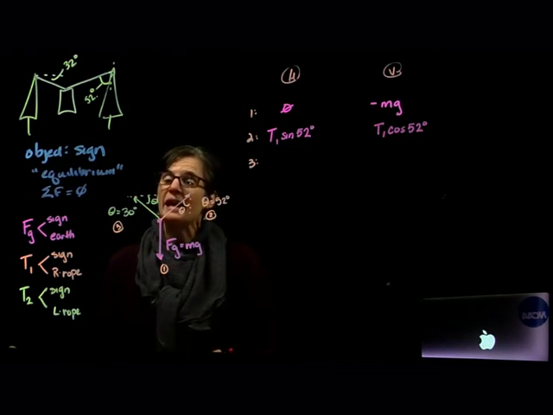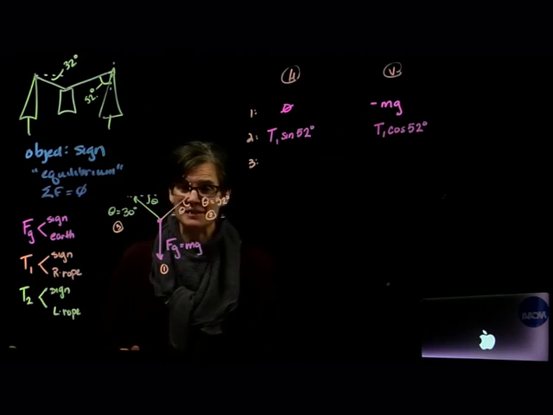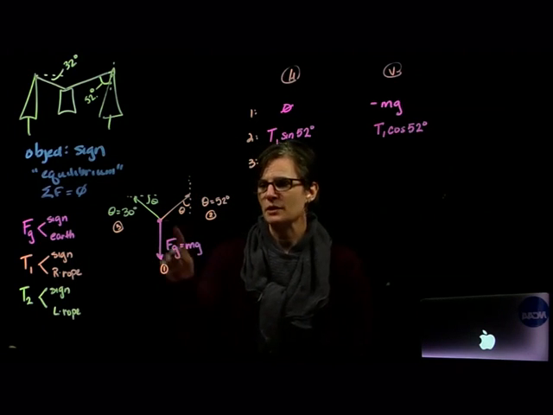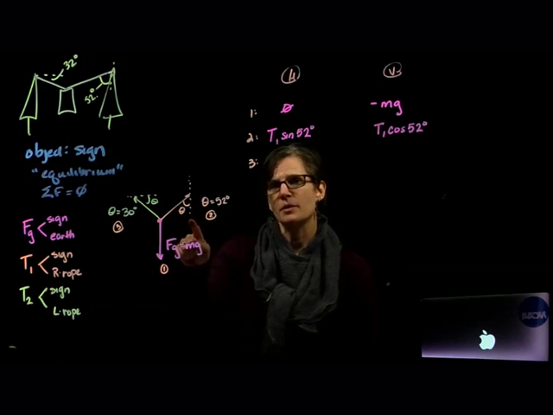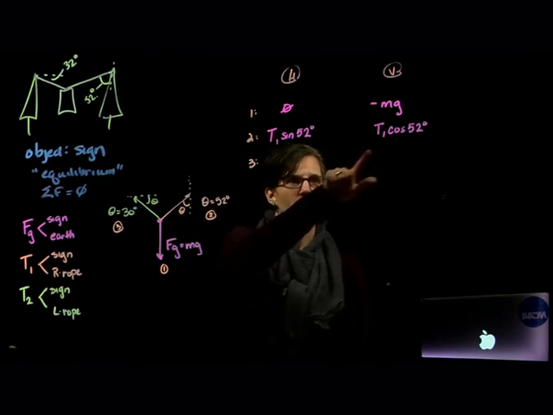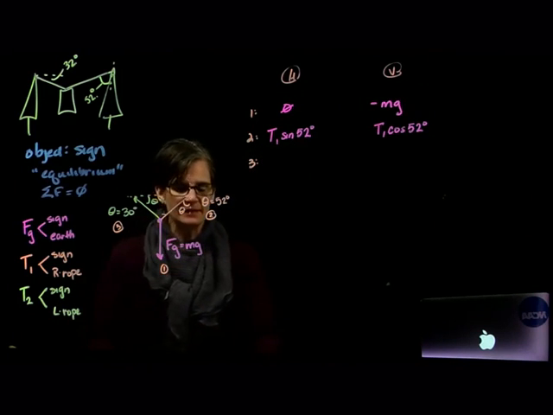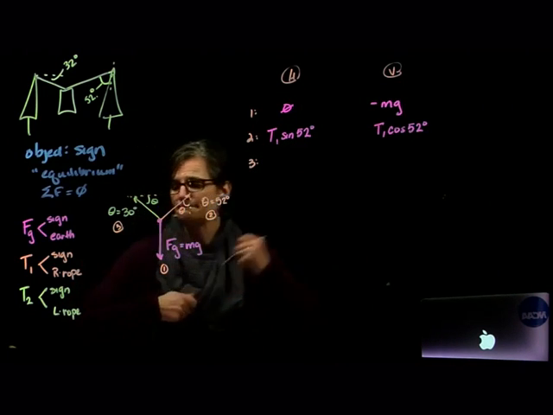So it's adjacent to the vertical direction. Because I used an internal angle, I want to make sure about my directions themselves. I'm only using angles between 0 and 90, so I have to be explicit about the direction of that force. I know my horizontal component is positive, and my vertical component is also positive. All right, now I have my third force.